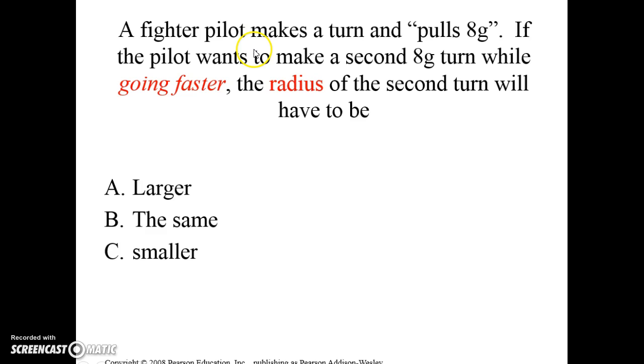So he makes the turn and pulls 8g. If he wants to make a second 8g turn while going faster, going faster is going to make his acceleration bigger, but I want the same, so the radius is going to have to be smaller.